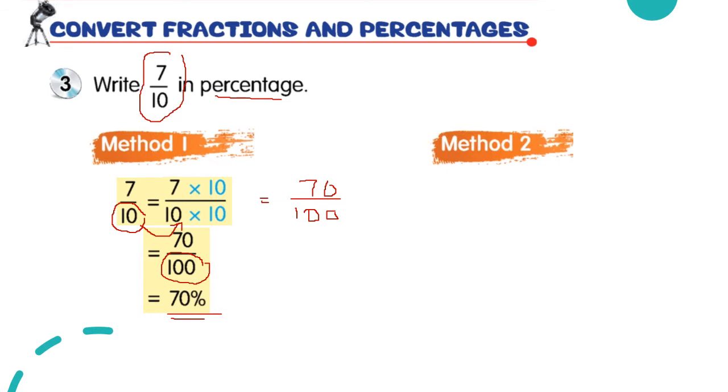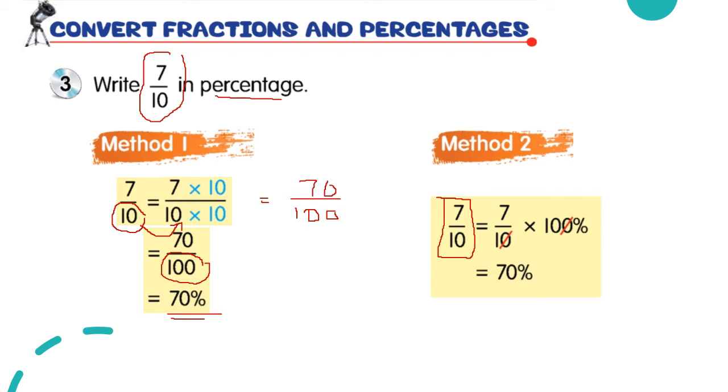For the second method, you have to simplify. At first it is 7 over 10, and then you times it with 100. So you simplify to make the number smaller. After you simplify, it becomes 7 over 1 times 10.